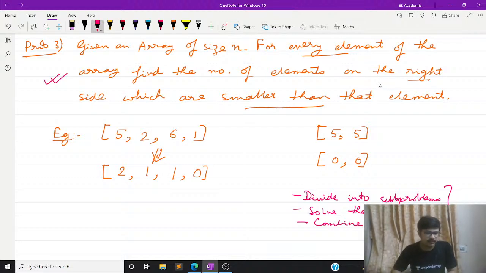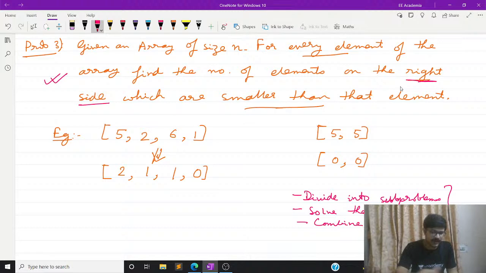How can merge sort reveal the number of elements smaller than that element in the array? On the right side, this is also very important, on the right side. Any idea? Anyone?